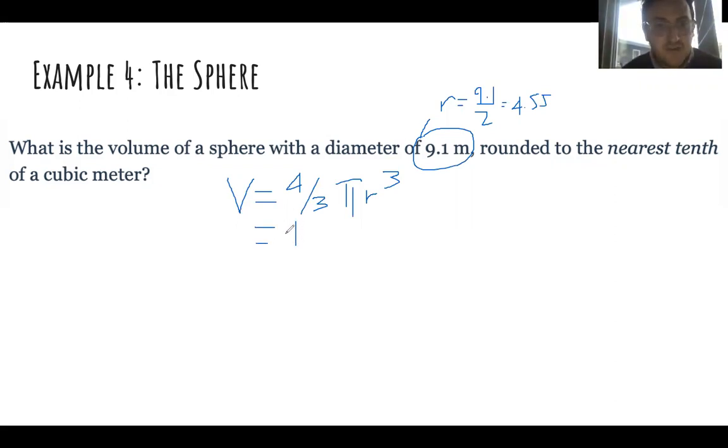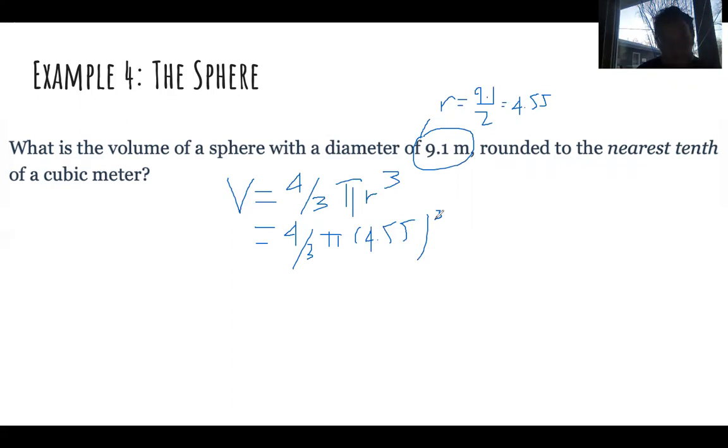And I'm going to substitute 4.55 into the equation. And you can get almost a perfect computation of that. The formula don't lie.